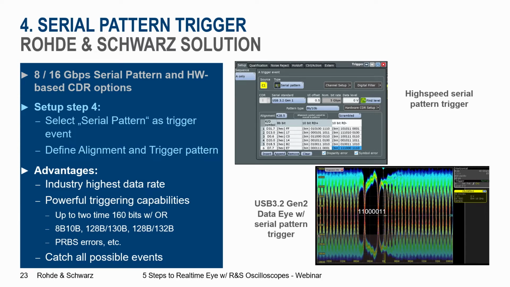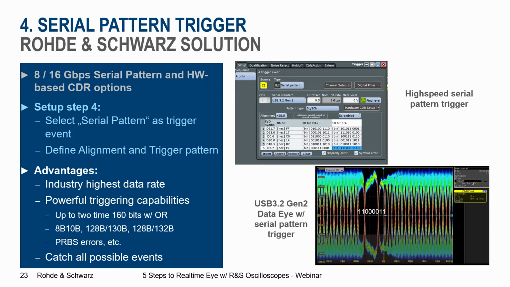So if you look here to the screenshots, in the middle you see the dialogue of the trigger setup. So I have the clock data recovery, I have the nominal bitrate defined, and then I can say what type of pattern do I have.